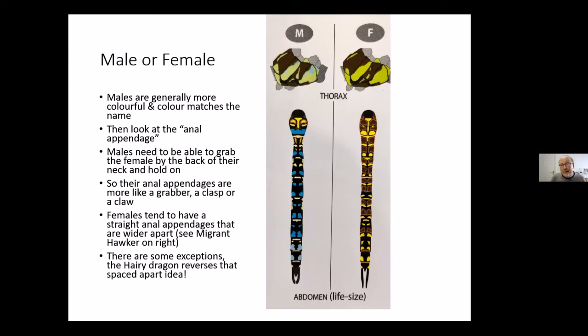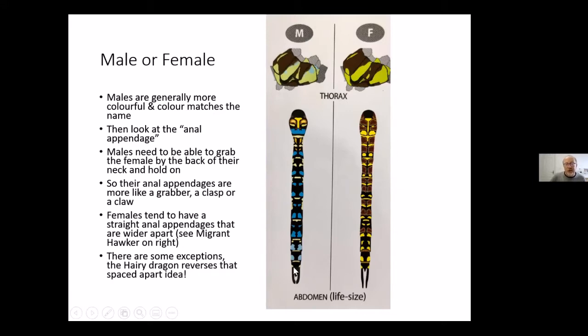And the names typically correspond to the colours of the male. So if it's called a blue something or other, or a red whatever, it's the male it's talking about because they're the colourful ones. And then you look at its anal appendage.